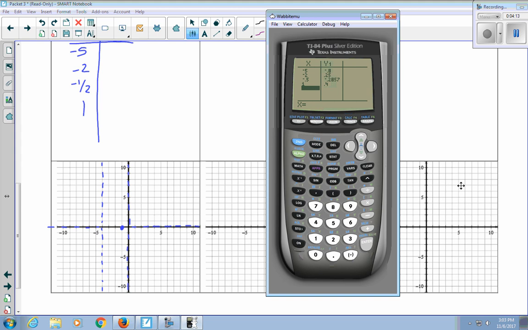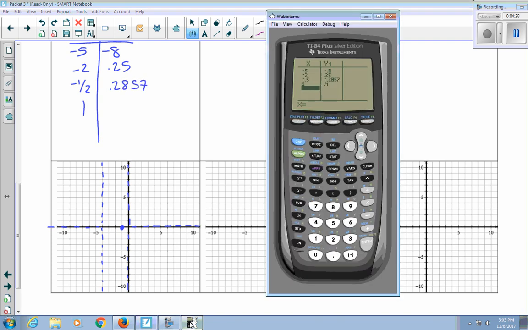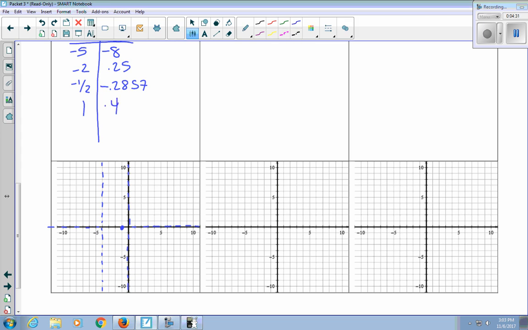So I have -5, -8, -2, a quarter, -0.2857, and 1, 0.4. Okay, so I've got -5, -8, it's right there, and -2, a quarter, right there, and -0.5, -0.3-ish, something right there, and 1, 0.4.